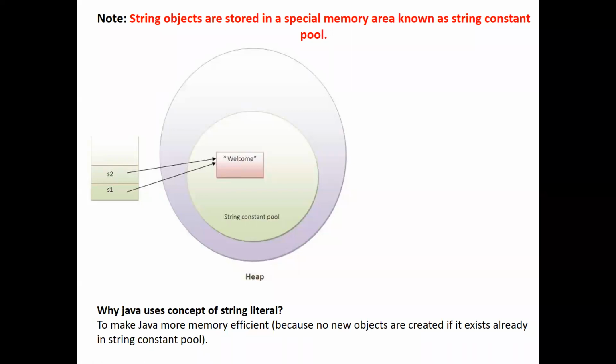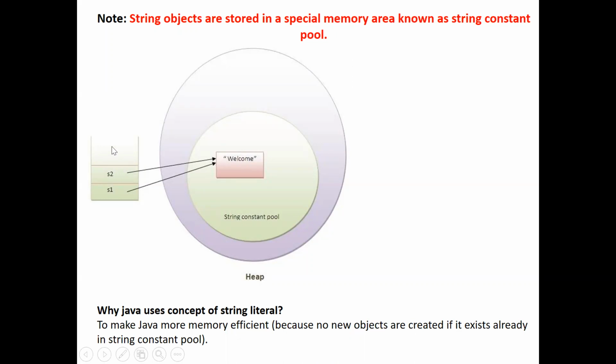So if I give the functionality of editing, meaning making it mutable, the drawback is that the values for all the objects will be changed. It is not for a single one. Even if S1 is changed from welcome to welcome Java, that will be reflected in S2, S3, S4.